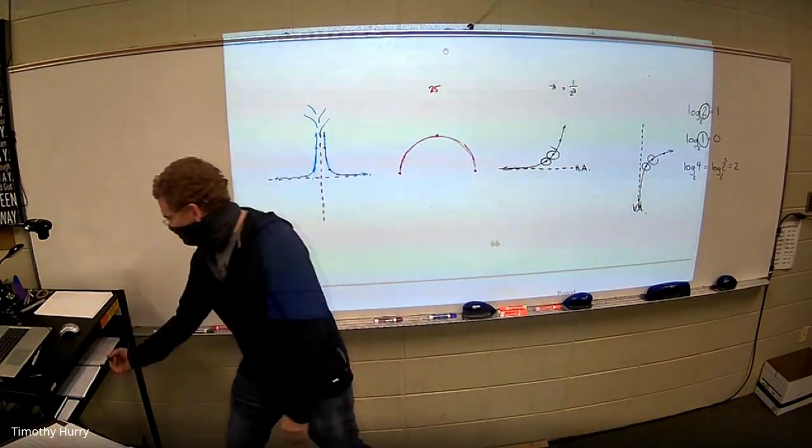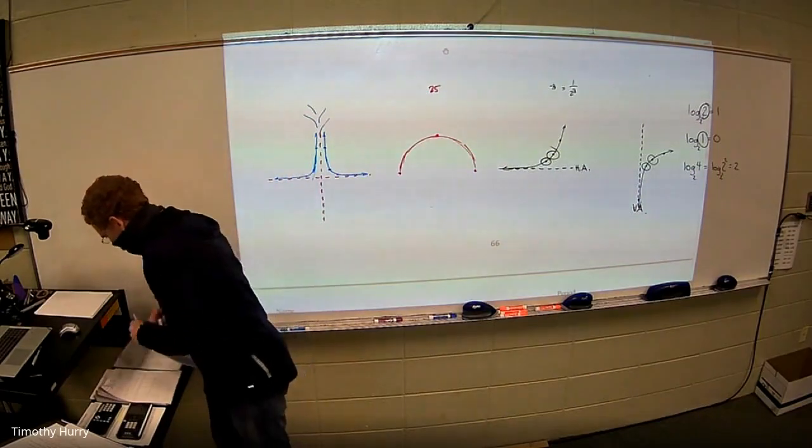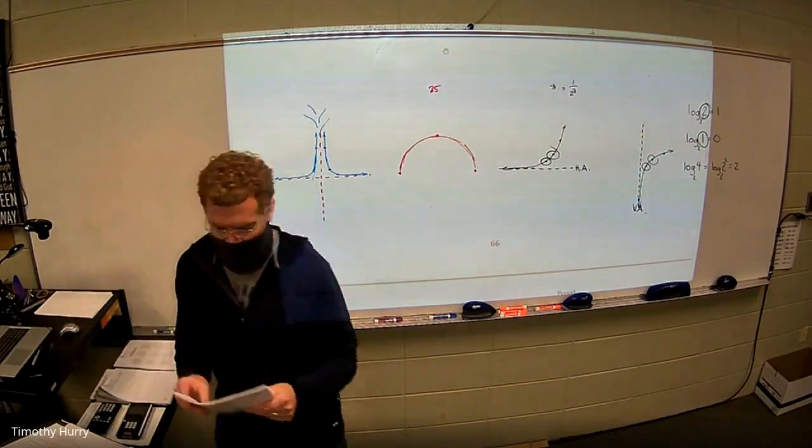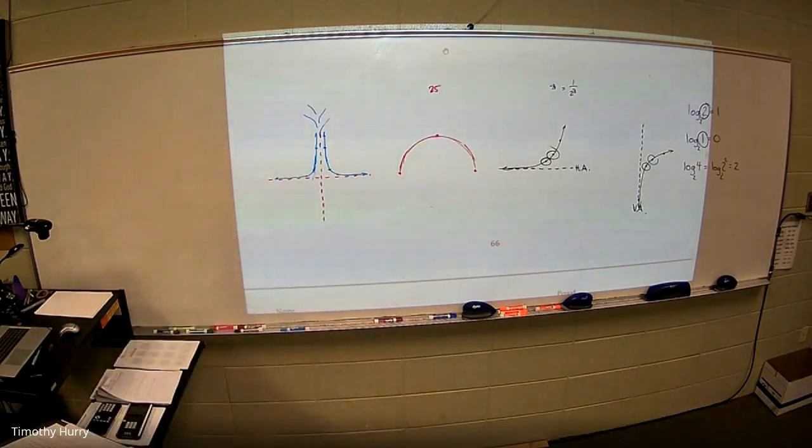Did y'all get an assignment sheet? No. So right now, here's your assignment sheet, but you are probably not going to be able to do these shifts, reflections, stretches. But I'm just going to hand it out anyway. It's on the fly here. We haven't even talked about the homework, so I don't know that you're able to do it.